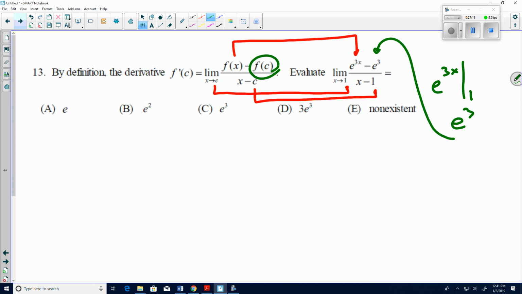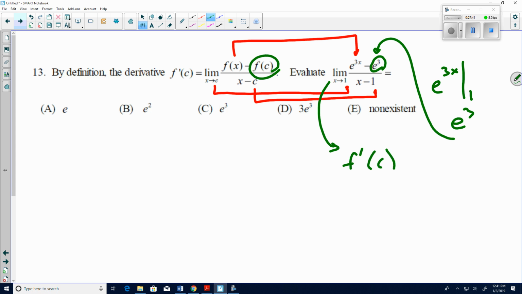So everything matches up exactly the way it's supposed to. We've got the function, we're subtracting off e to the 3, and we've got x minus 1 on the bottom, and x is going to 1. So this is just the derivative. This limit is in fact the same as f prime of c.